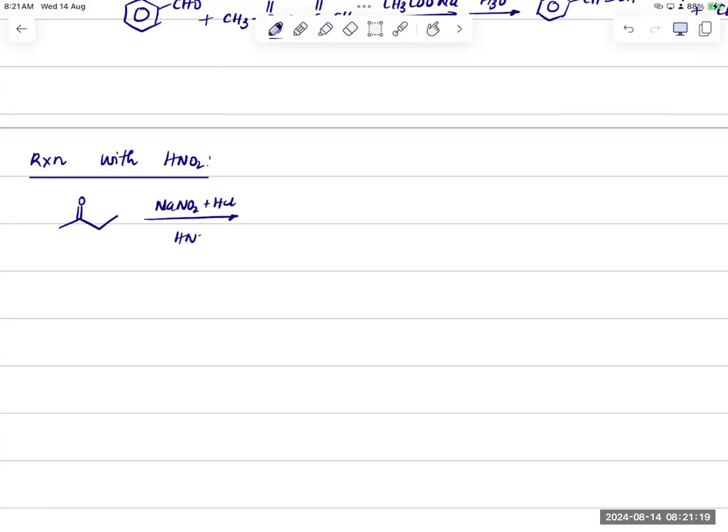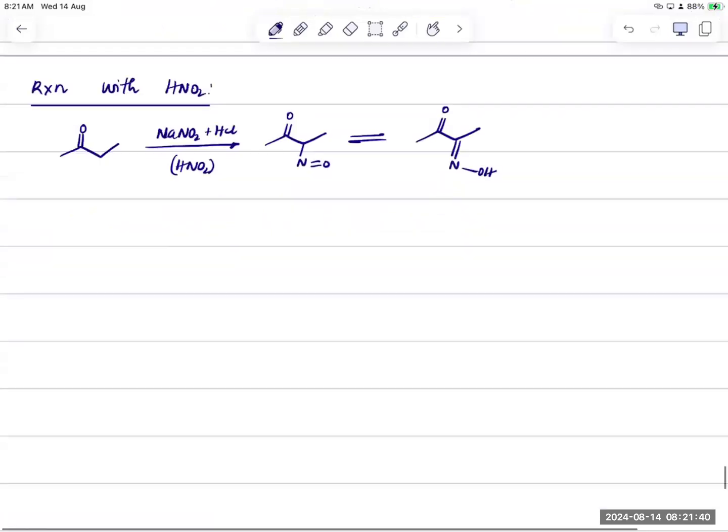Basically, it is generating HNO2, and HNO2 will give us N double bond O substitution. Basically, we can write that in the form of oxime. It's double bond N and OH. This is the oxime form which we can write. Okay. This is the product which is formed.